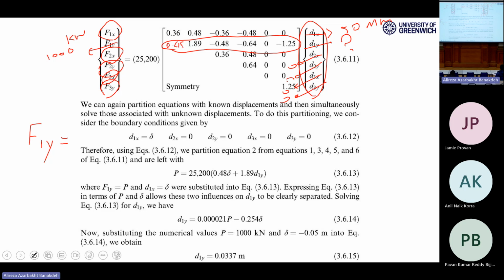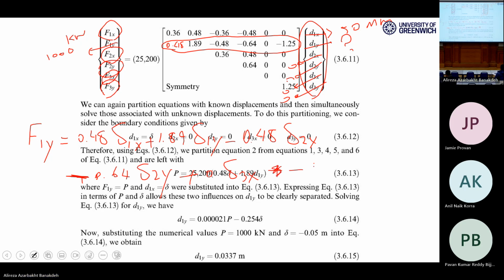This number is 0.48 for now, the first number, which means 0.48 delta 1x, I will write everything with all the things I know are 0, plus 1.89 delta 1y minus 0.48 delta 2x, minus 0.64 delta 2y plus 0 delta 3x plus or minus 1.25 delta 3y. I wrote everything.